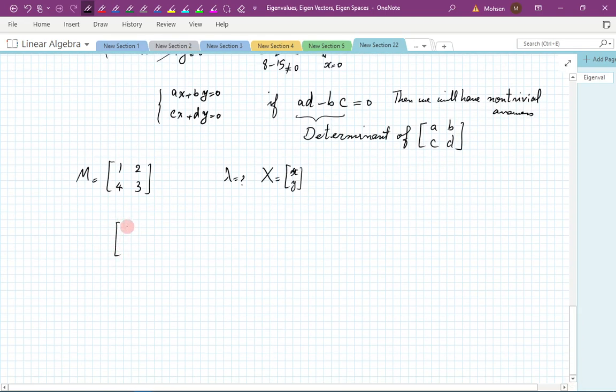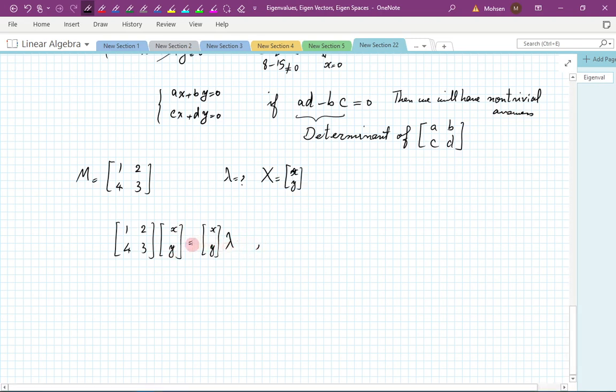So I'll have 1, 2, 4, 3 times x, y. That should be x, y times lambda. Okay, I neither know what's here nor what is there. That's why the problem is much more mature than what we had before.